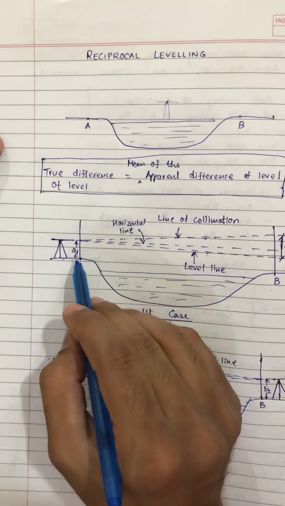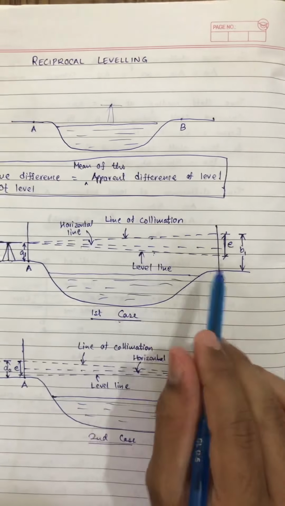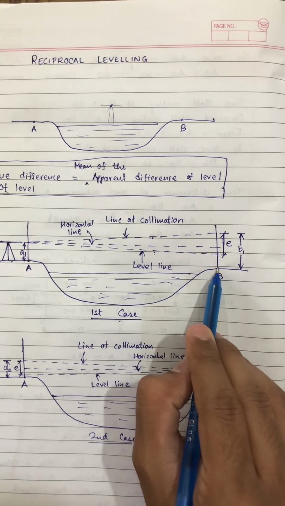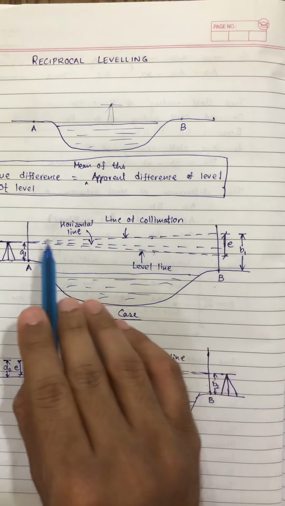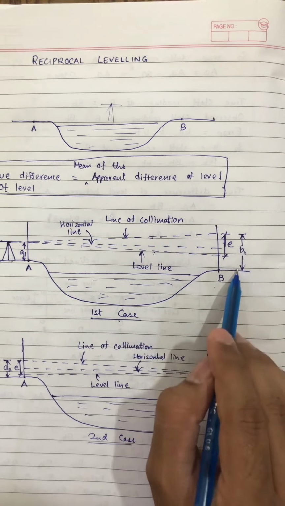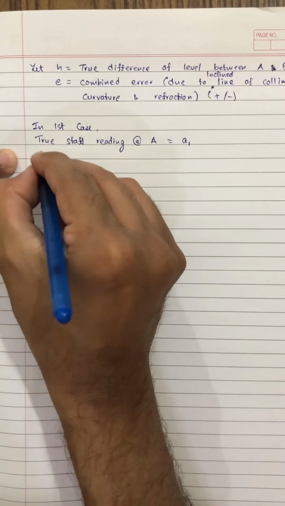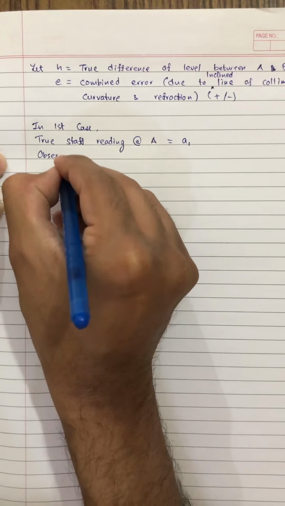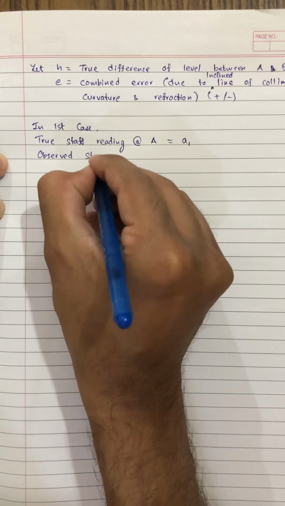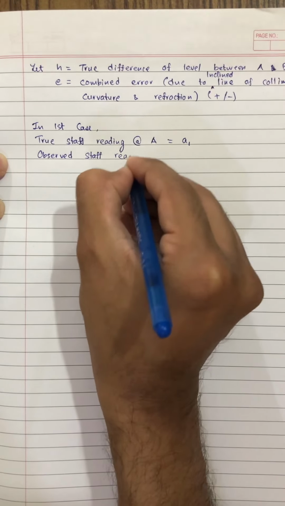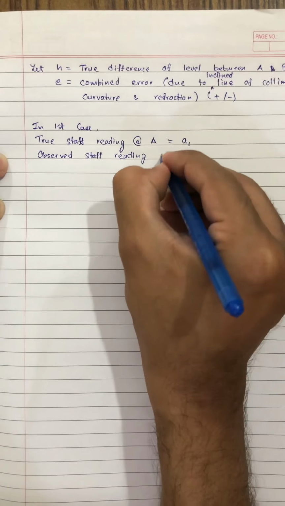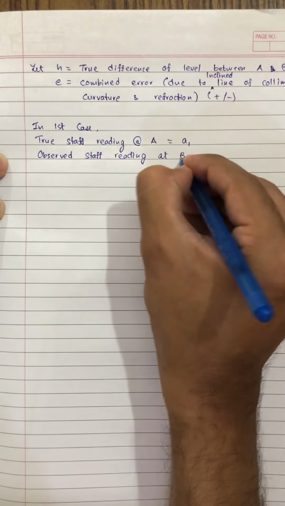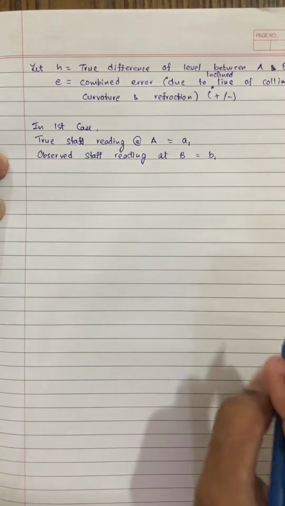Okay, but what is the observed staff reading at point B? Observed staff reading at point B is this line of collimation, that is b1. Okay, so observed staff reading at B is equal to small b1.